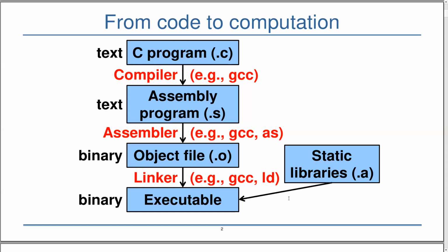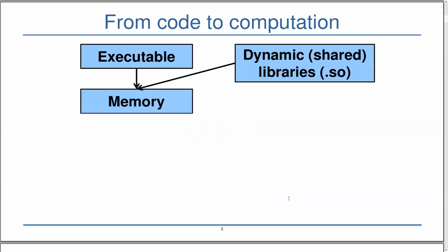So, for example, if you call malloc in your program, you would use that function from a library. If it's a static library, it's directly linked to the executable. So when you load an executable, if it was a static library, that's already part of the executable.